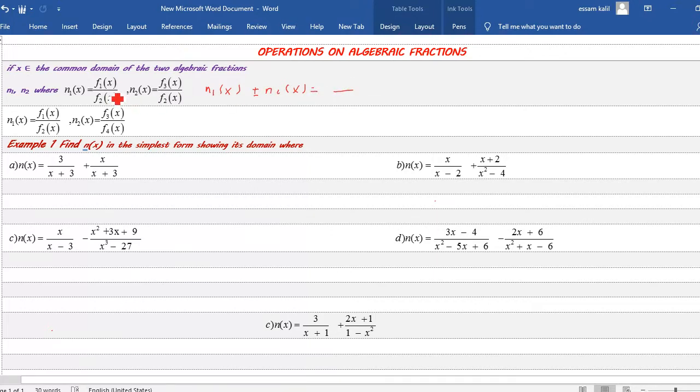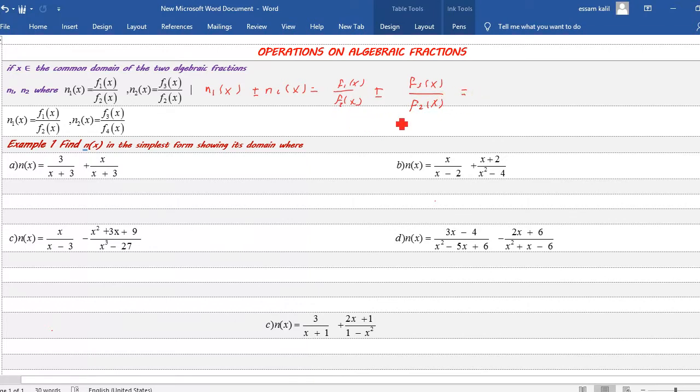Writing the value of n1 of x, it will become f1 of x over f2 of x plus or minus f3 of x over f2 of x.